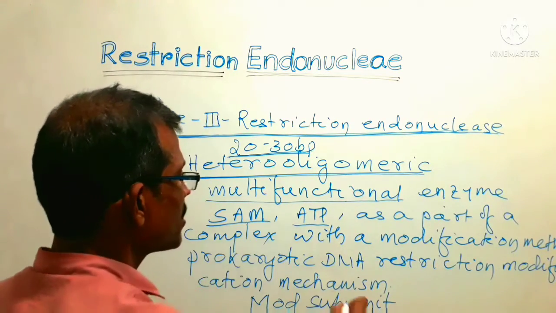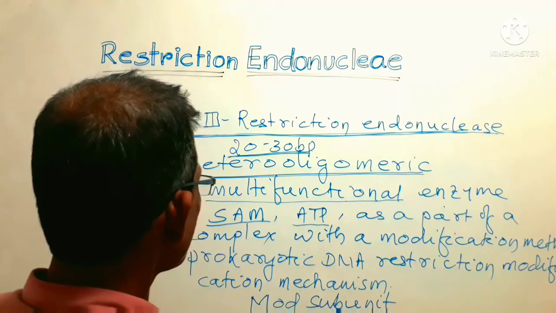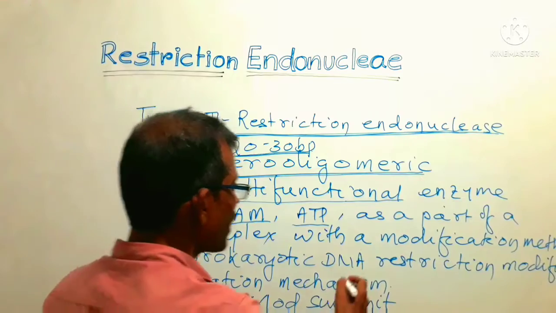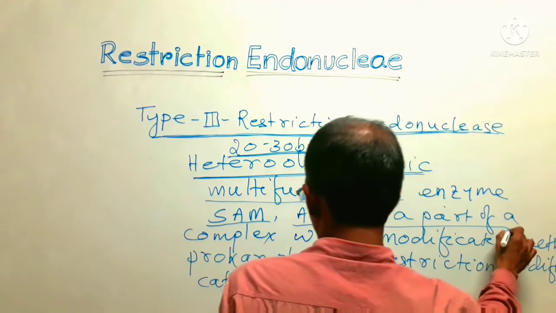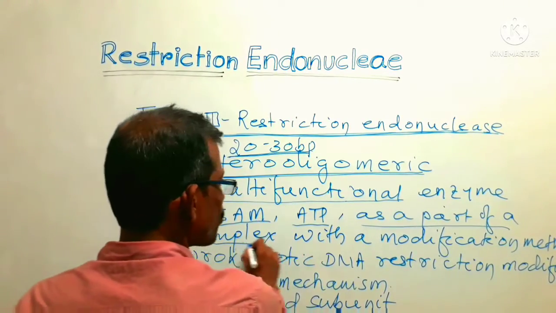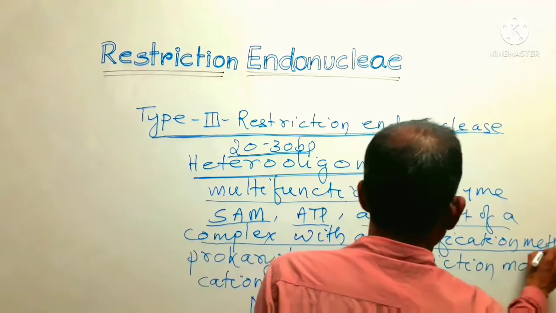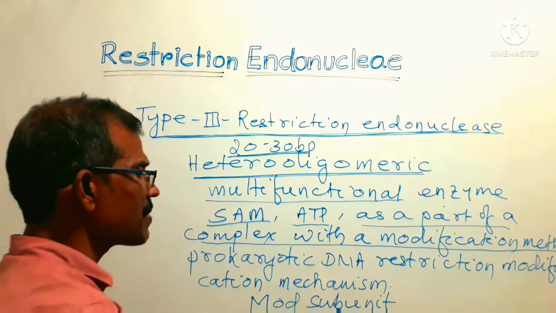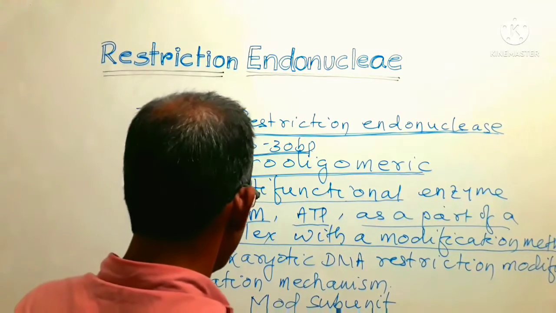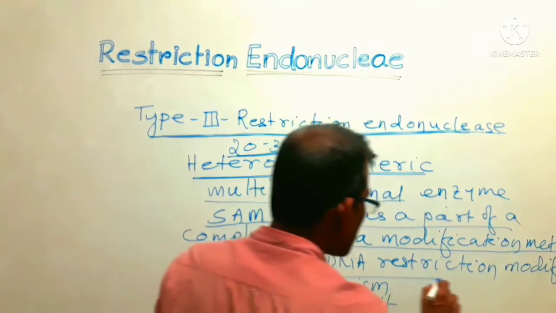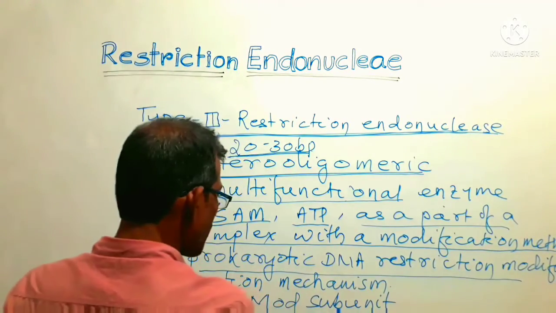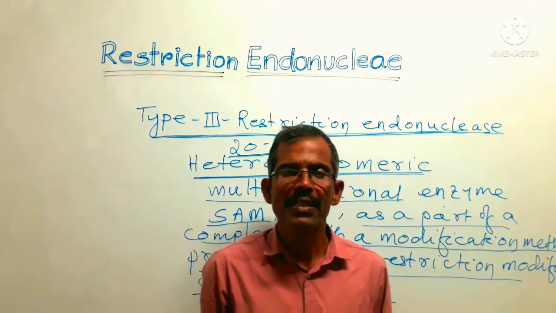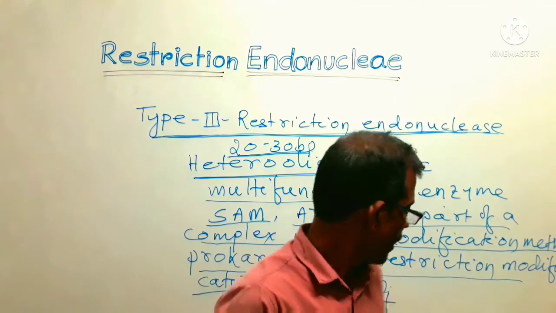S-adenosyl methionine stimulates the rate of reaction but is not required. And these restriction enzymes exist as part of a complex with a modification methylase. Type 3 restriction enzymes are components of the prokaryotic DNA restriction modification mechanism that protects the host against foreign DNA.